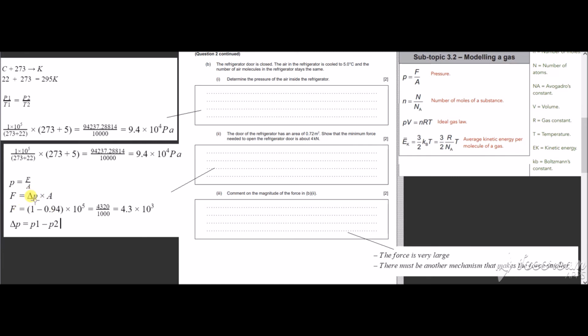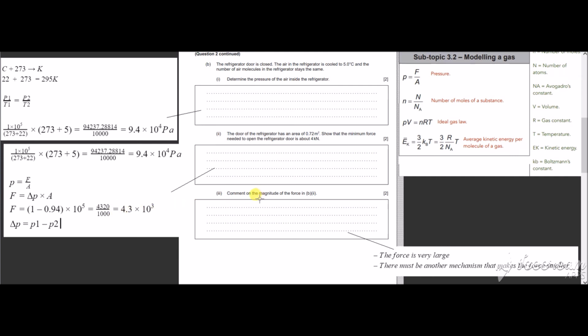Delta P is the first pressure minus the second pressure. So you'll do 1 minus 0.94, because it's 10^5 compared with 10^4, and you'll multiply that by 10^5 and the area, which will be equal to 4,320 newtons, which you divide by 1,000 and you will get 4.3 × 10^3. And that's how you solve part 2.